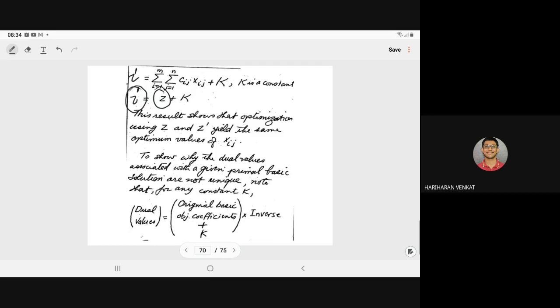To show why the dual values associated with the given primal basic solution are not unique, note that for any constant k, the dual value is equal to CB B inverse, that is, the original basic objective coefficients plus k, times the inverse. Because the inverse is unique.